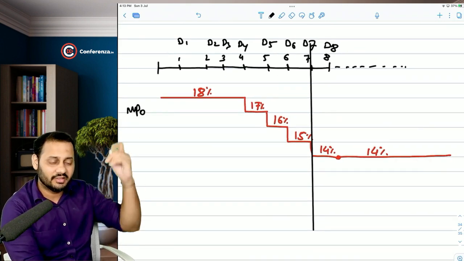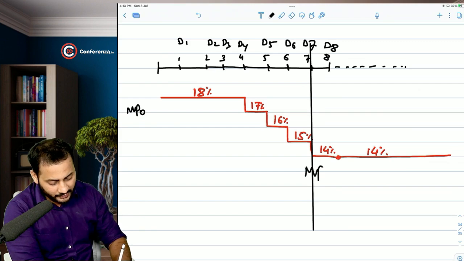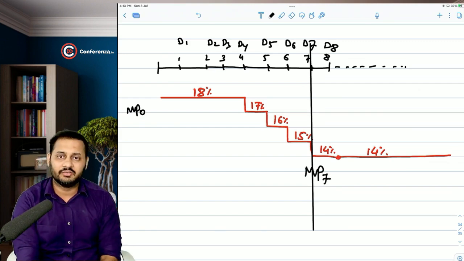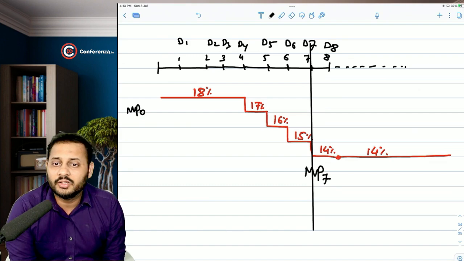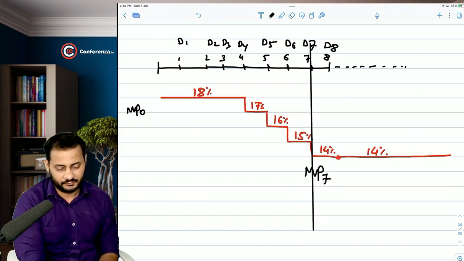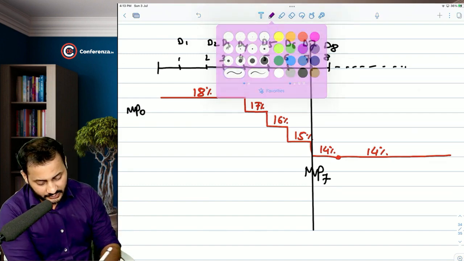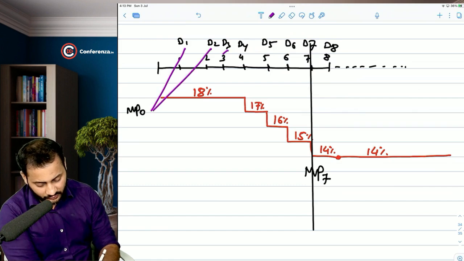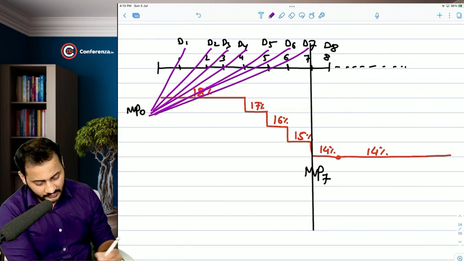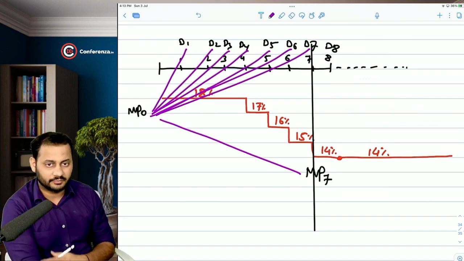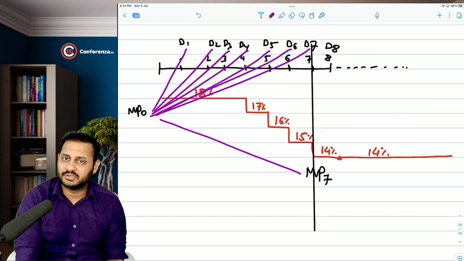So 7-year dividend and market price at the end of 7th year will be enough to calculate the market price at 0. So what I want you to do is take the present value of all the 7 years dividend and present value of MP7. This will be the market price at 0th time.